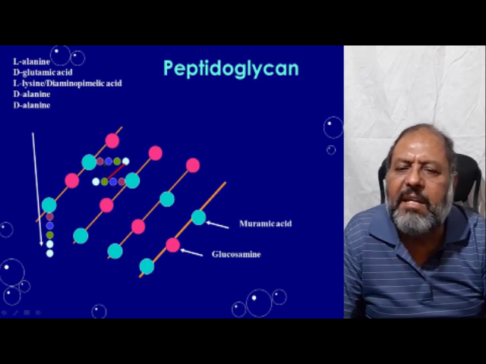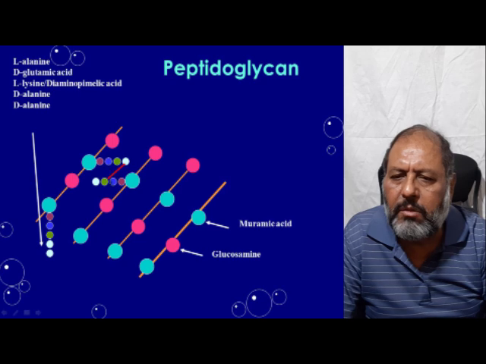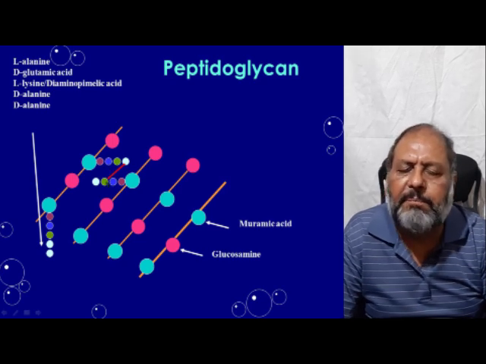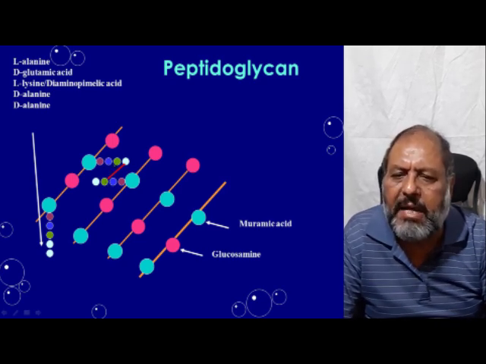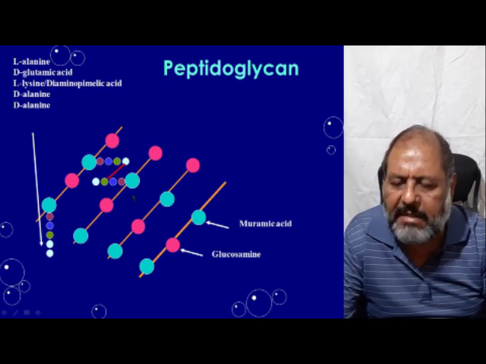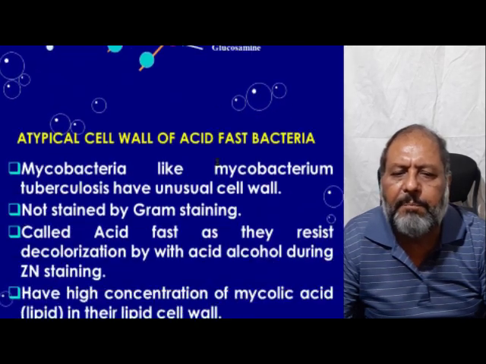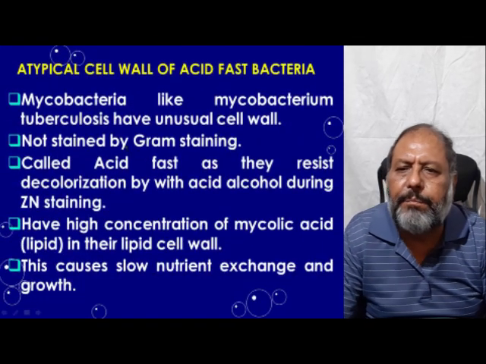So the antibiotics do attack here, and this is also the place for penicillin and cephalosporin to attack and to dissolve. So the glycan separates and the peptide is dissolved. The ultimate result is the peptidoglycan has gone.